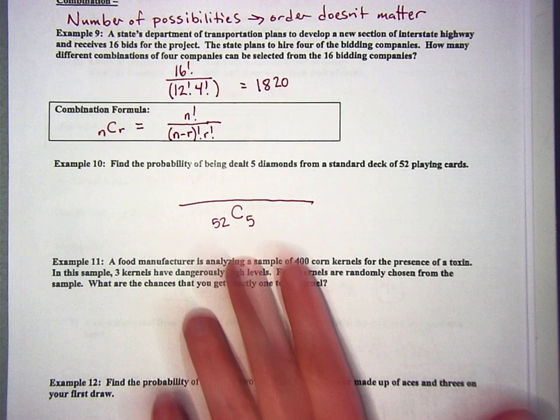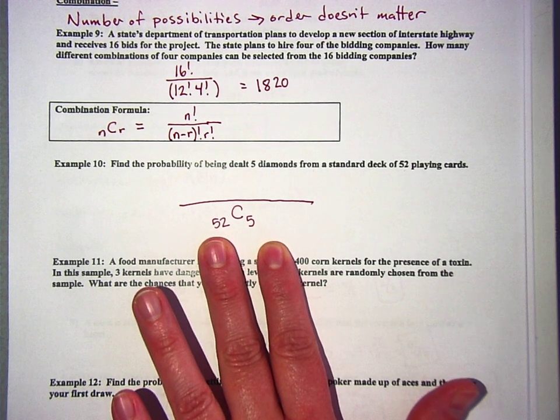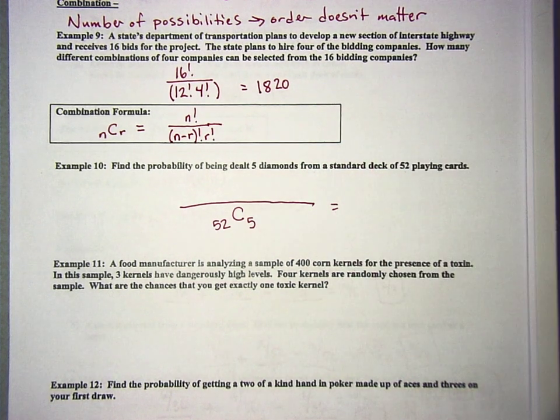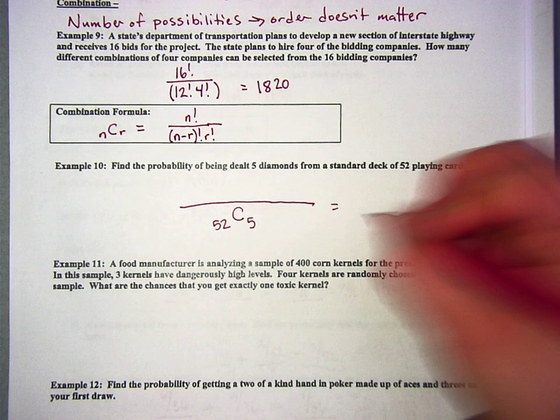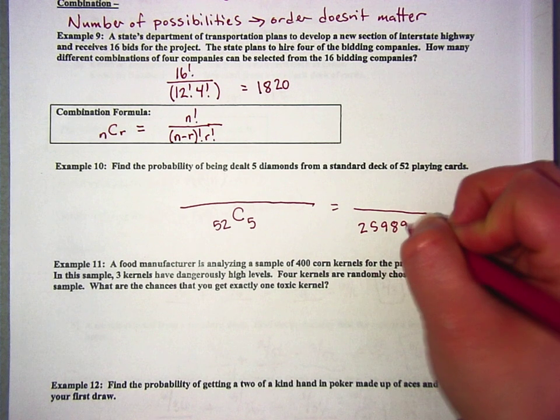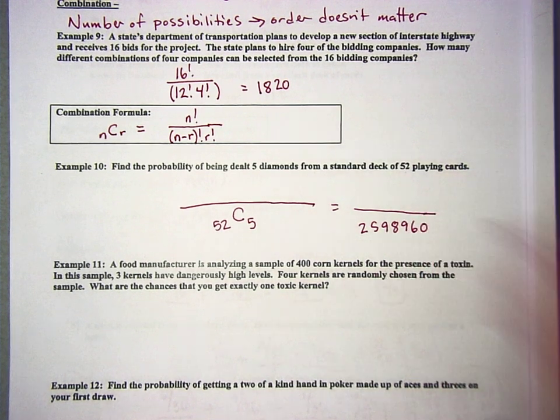Well, this is the total cards, so it's out of the total amount. Let me write it this way. Everybody put 52 choose 5 in your calculator. This is how many different ways there are just to choose 5 cards.